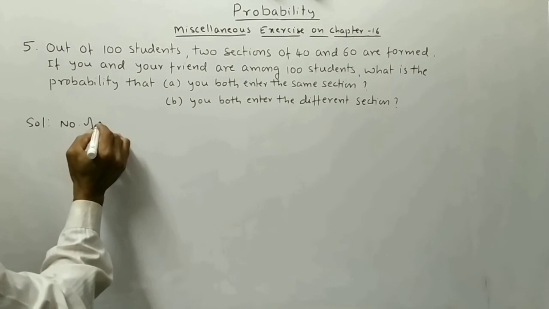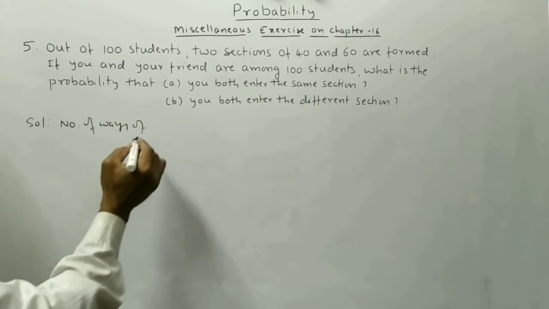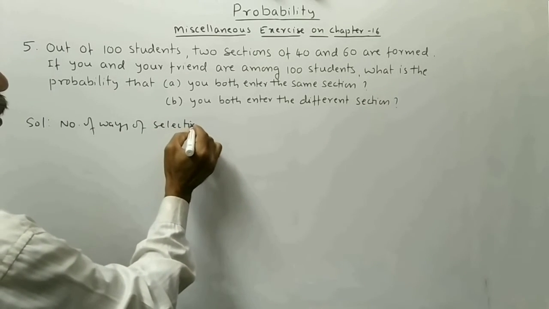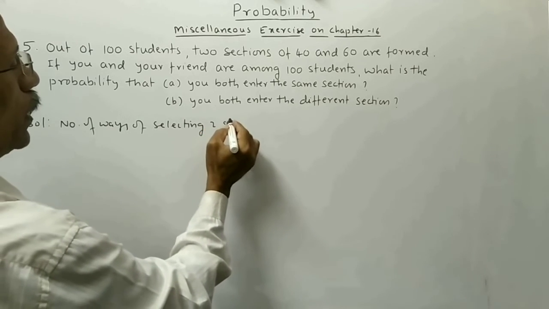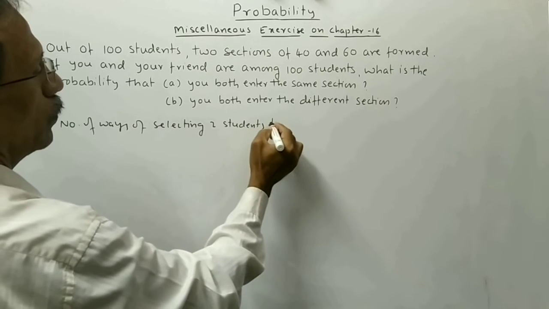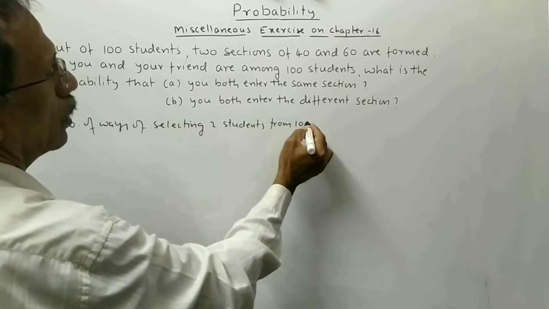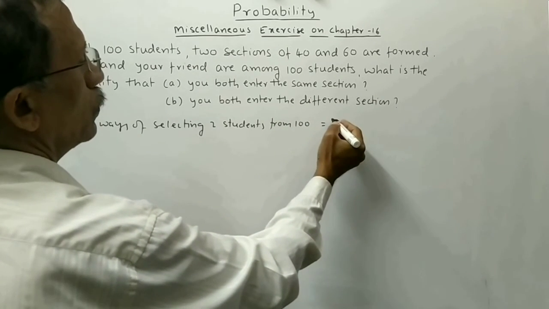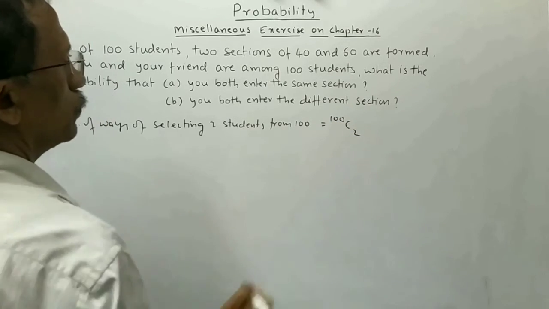Number of ways of selecting two students from 100 is equal to 100C2.